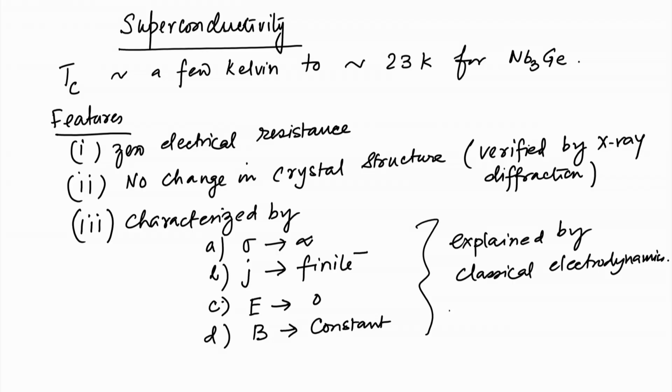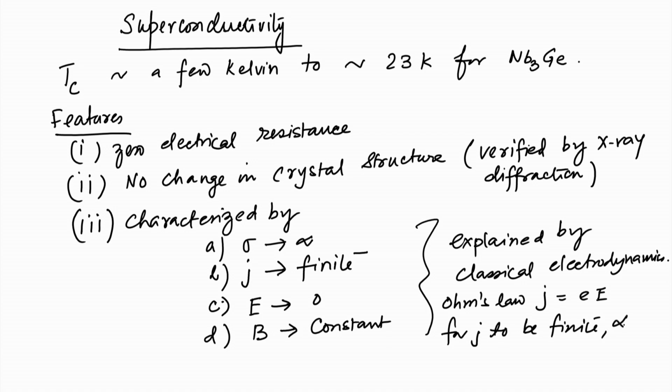Because Ohm's law says that J equals sigma E. For J, the current density, to be finite, when sigma tends to infinity, then E has to be equal to 0.